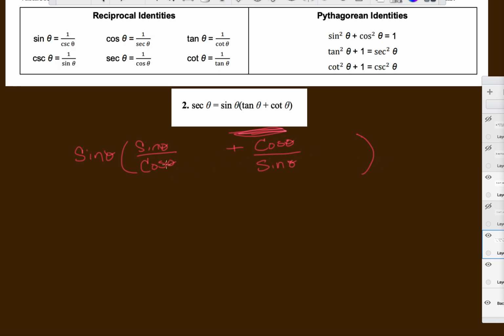All right, and I'm going to leave room there. And so I don't have like denominators, so I'm going to, again, multiply by that factor of 1 so that I can get like denominators. There's no sine over here, so I'm going to multiply by sine over sine. And I'll multiply over here by cosine over cosine.